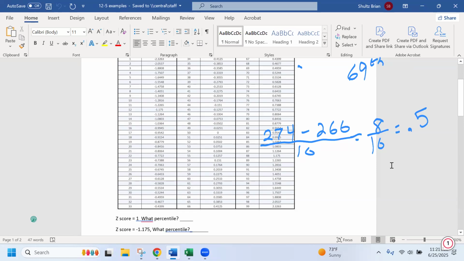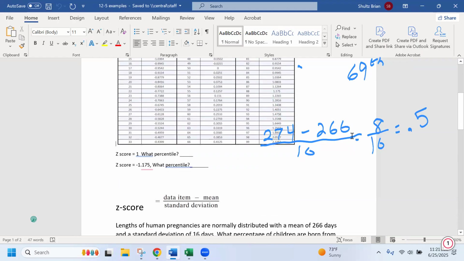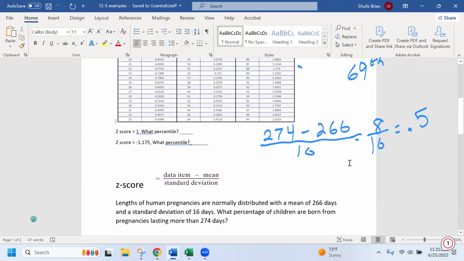So how many pregnancies last more than that? Well, everything below is the 69th, so we take 100 minus 69 and we get 31%.